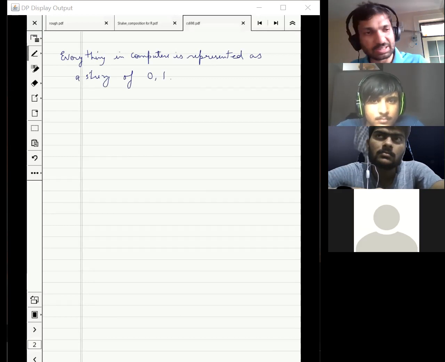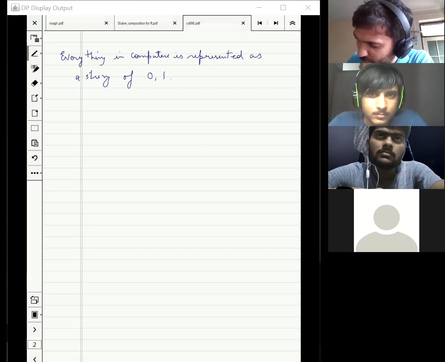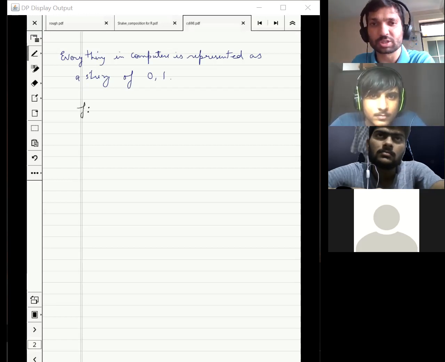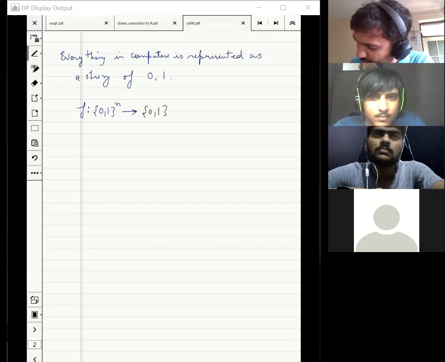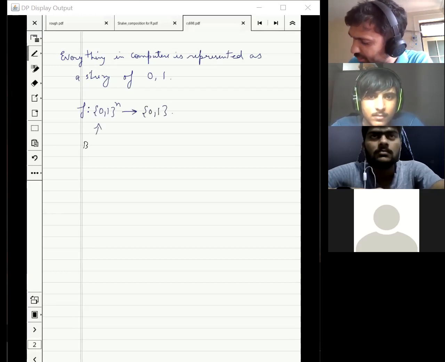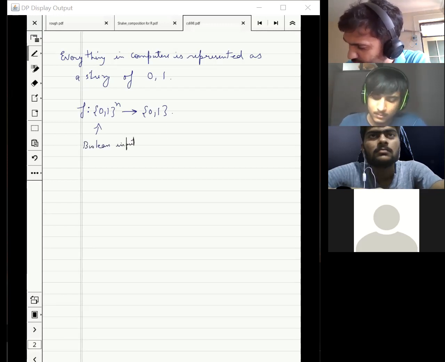That's why obviously these things are very, very important to computer scientists. And then we talk about functions over this too. As Aditya mentioned, it takes something Boolean as an input and it outputs something Boolean.